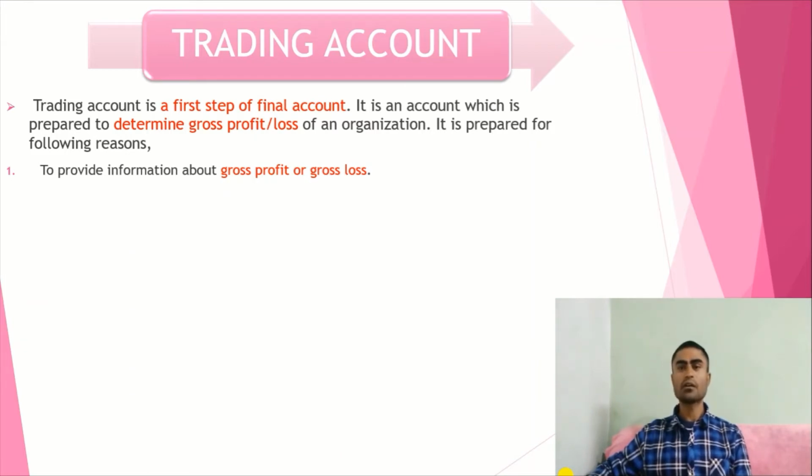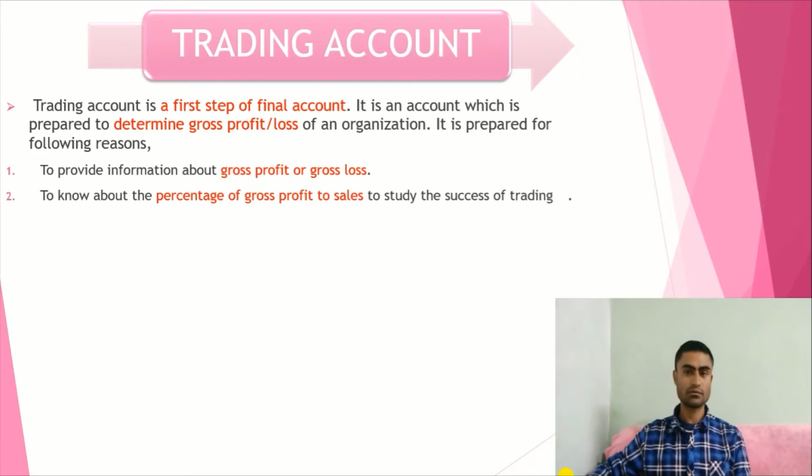It is prepared for different reasons, and the reasons are given in your slide as well. The first reason is to provide information about gross profit or gross loss. To determine gross profit or gross loss, it is necessary to prepare a trading account. In gross profit or loss, there is no adjustment of indirect income and expenses. And to know the percentage of gross profit to sales, a trading account should be prepared.